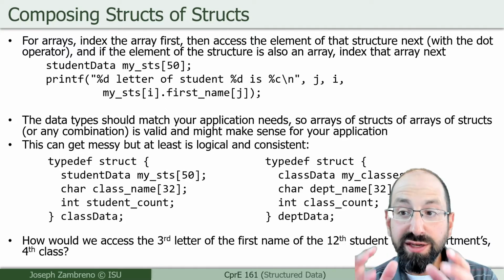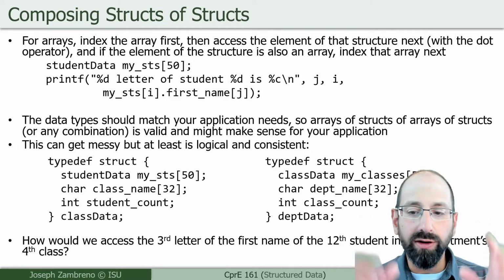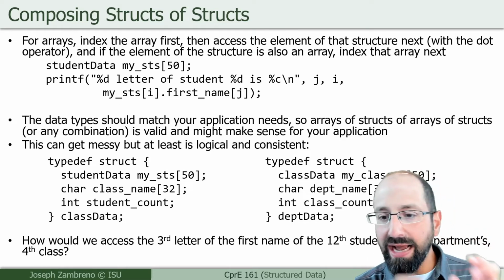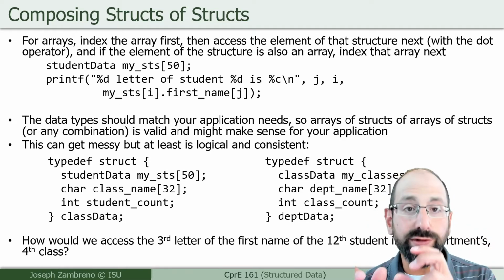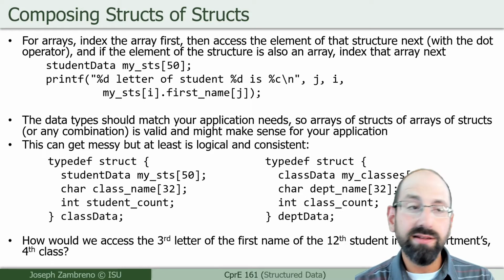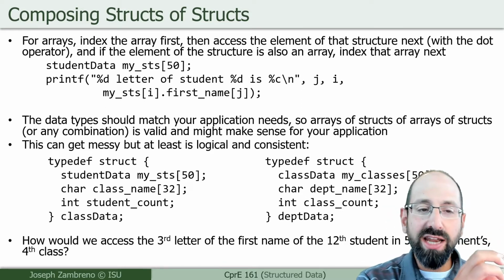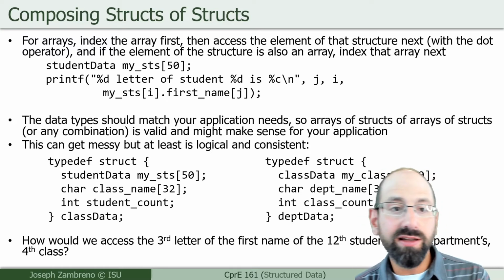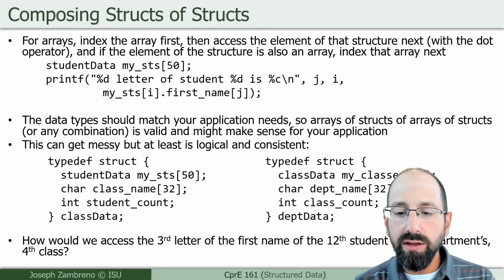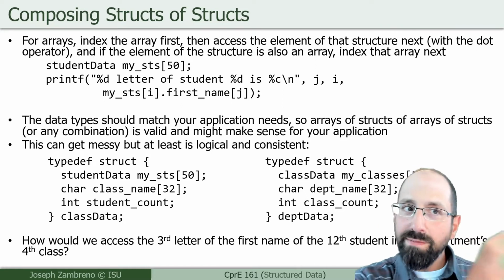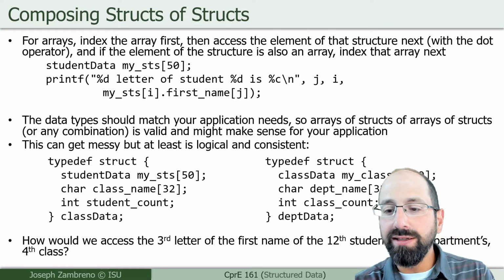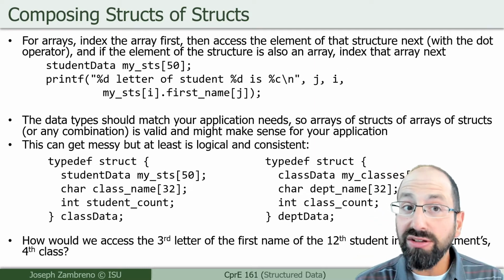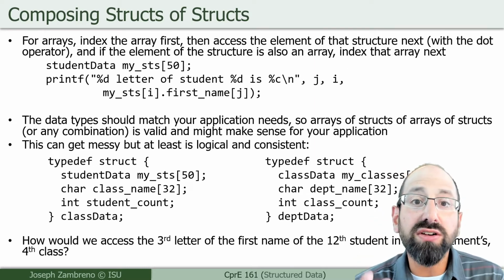So it's the 5th department, so that'd be my_departments of 4. 4th class, my_departments of 4 dot my_classes, as it's called here, of 3. 12th student in that class: my_departments of 4 dot my_classes of 3 dot my_students of 11, third letter of the first name, that's first_name of 2. My_departments of 4 dot my_classes of 3 dot my_students of 11 dot first_name of 2. It's all logical and consistent, and I guess I would say it's fair syntactically.